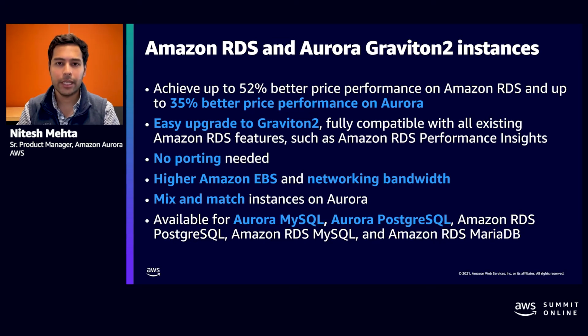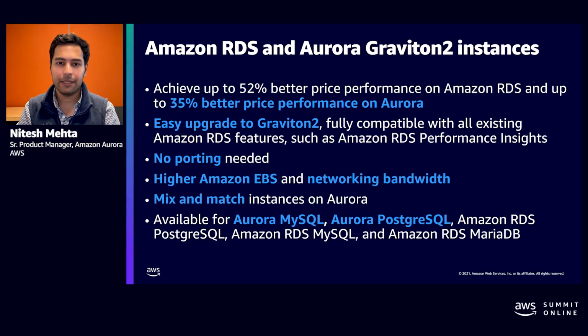It's an easy upgrade. It's fully compatible with all Amazon RDS and Amazon Aurora features. There are some features that might not work, but we're continuing to close the gap in terms of the feature parity work. But by the time you look at this presentation, we'll have bridged most of those gaps, and we continue to close those gaps as soon as possible. We also don't require customers to do any porting.